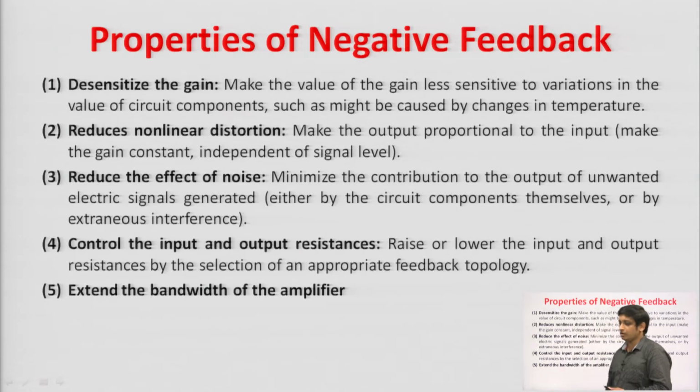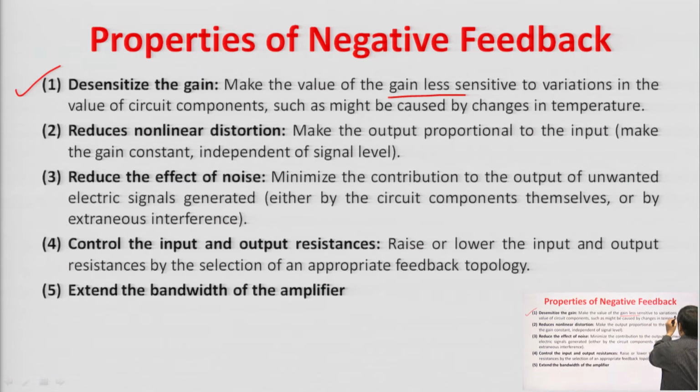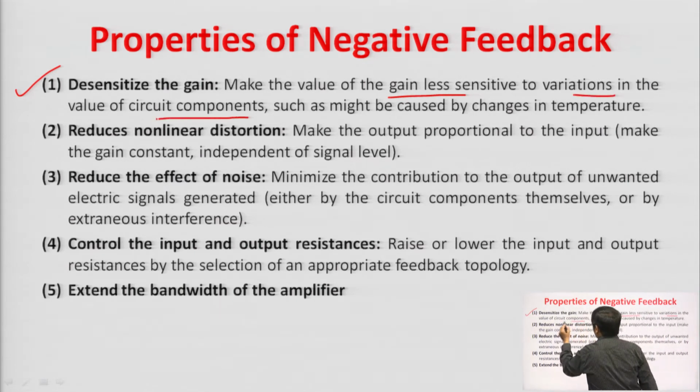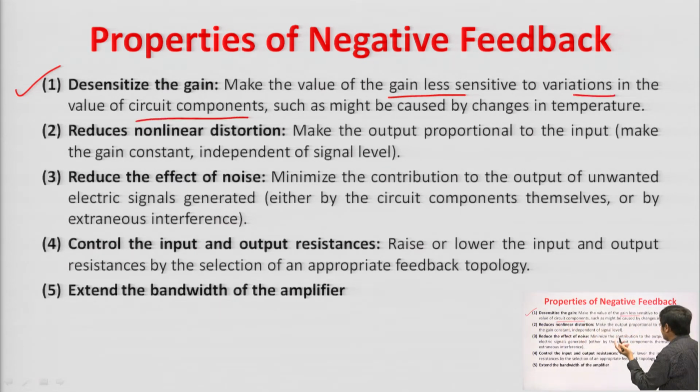So, coming to the properties of negative feedback, the first property is it desensitizes the gain. Desensitize the gain means it makes the value of the gain less sensitive to the variation in the value of the circuit components that may be caused because of the change in temperature.